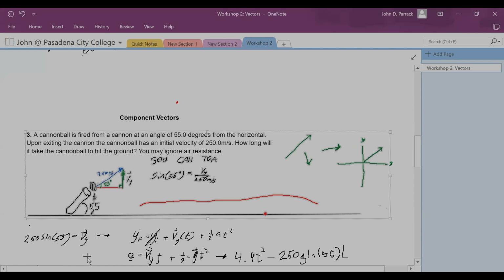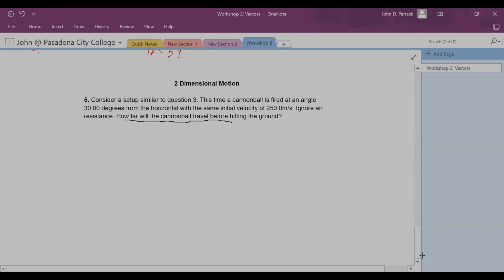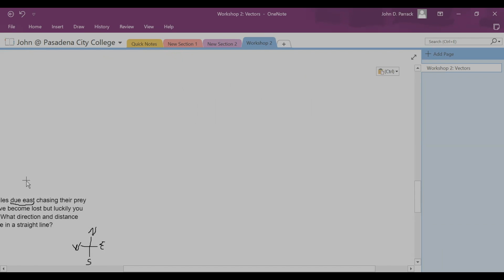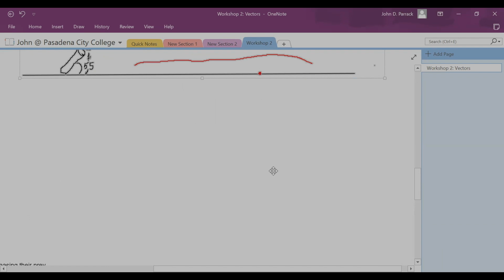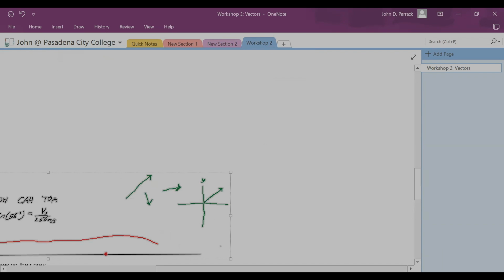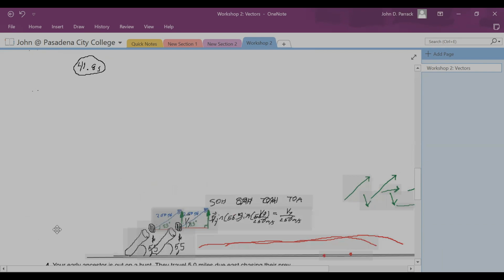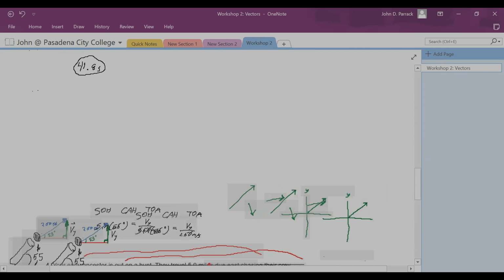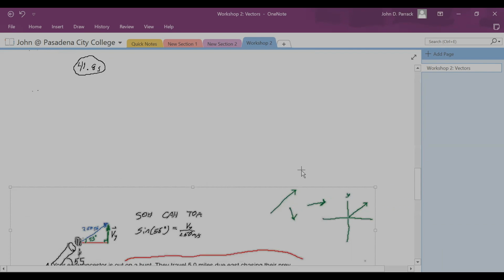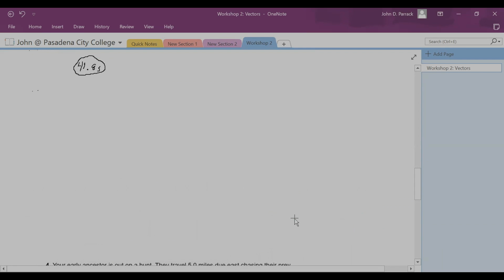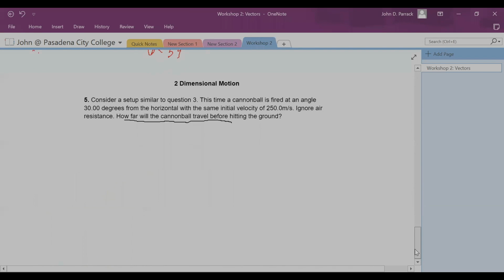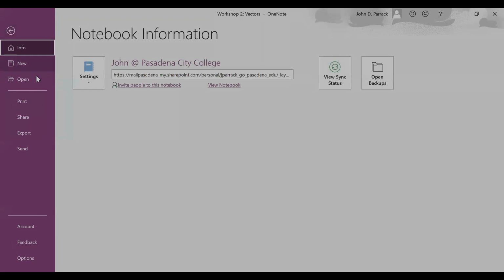Okay, so same setup. Way in the wrong spot here. All right, right here, please. Here we go.